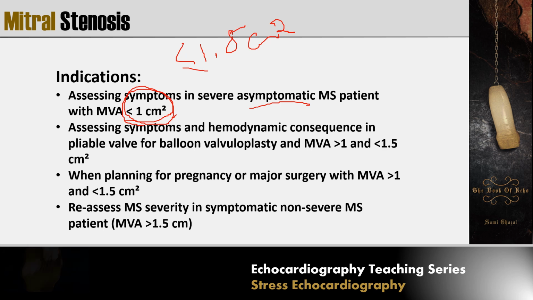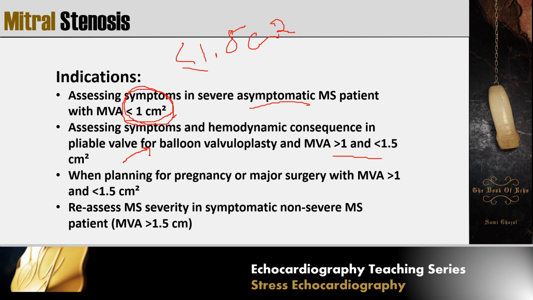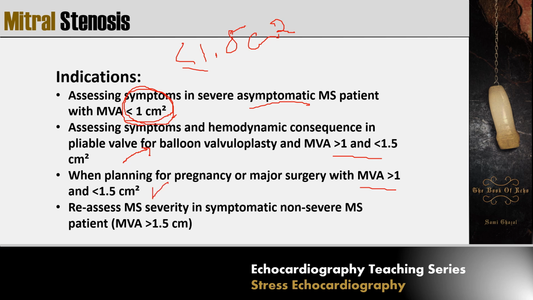Also assessing symptoms and hemodynamic consequence in pliable valve for balloon valvuloplasty and mitral valve area between 1 and 1.5. When planning for pregnancy or major surgery, it's nice to exercise if the area is between 1 and 1.5, and reassessing MS severity in symptomatic patients. The patient is symptomatic, but your measurement is not severe, so more than 1.5.